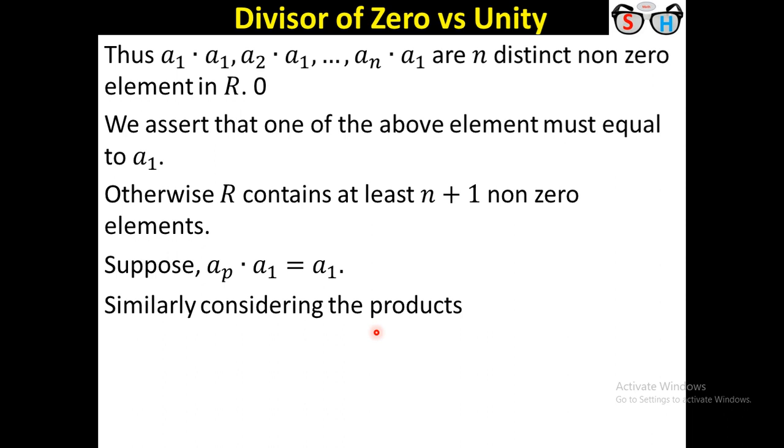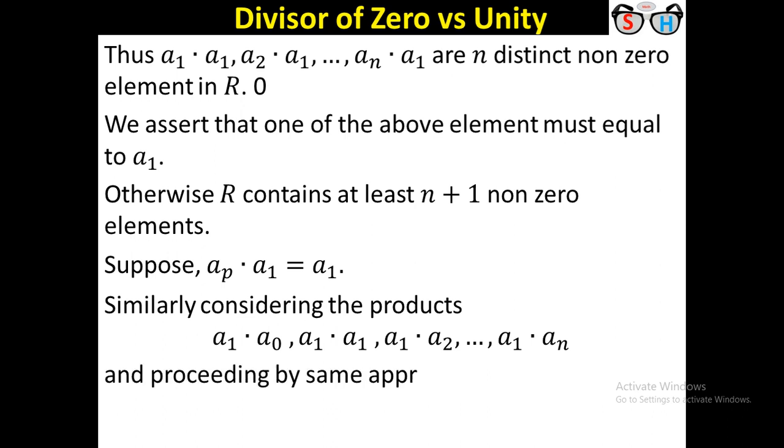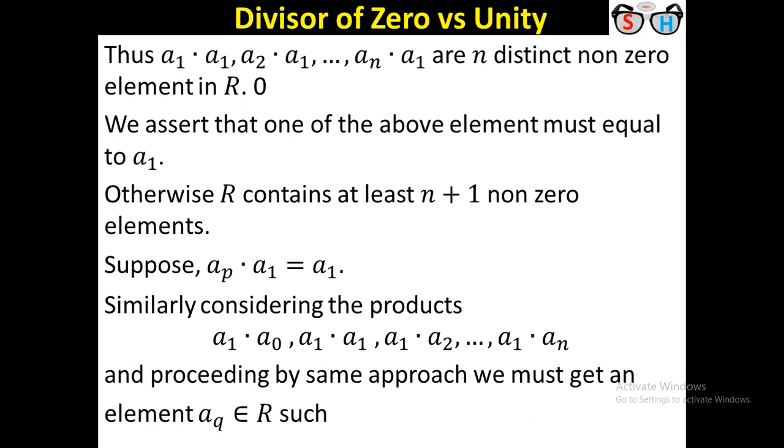That is, we multiply a1 to every element of the ring: a1·a0, a1·a1, a1·a2, ..., a1·an. By a similar approach, we must get an element, suppose aq in R, such that a1·aq equals a1. Here we get some element ap such that ap·a1 equals a1, and an element aq such that a1·aq equals a1.